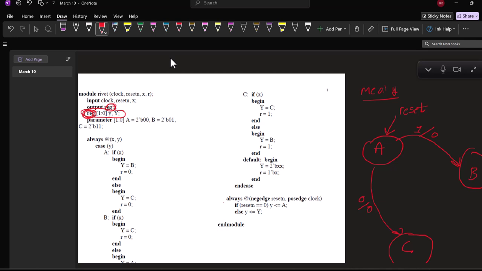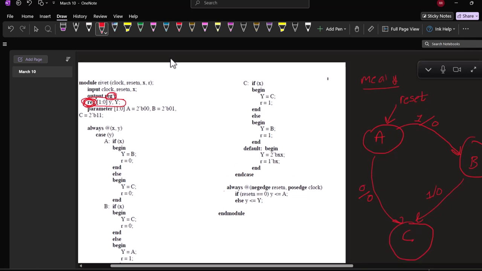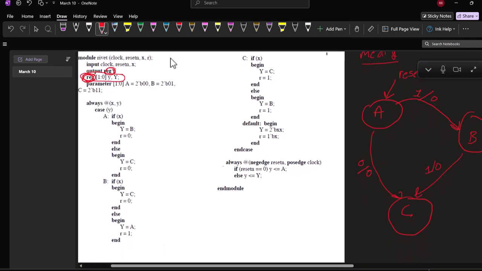And then if I'm in state B and x is 1, I'll go to c, and my output is 0. And if x is 0, I go to A, and my output is 1.